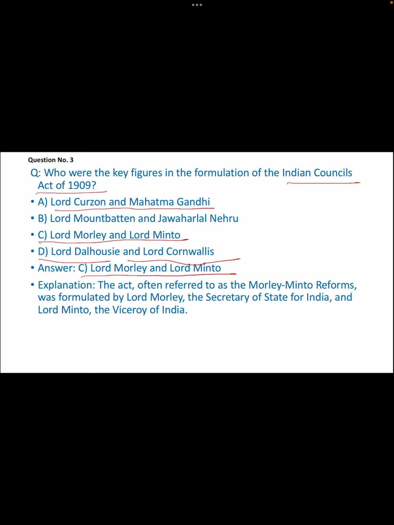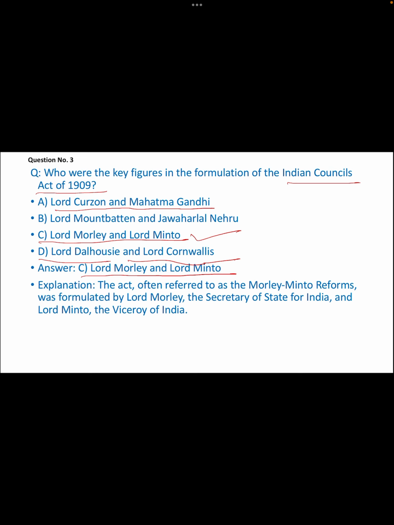Lord Morley and Lord Minto. So here are some of the important names of different persons. Let's talk a bit about these persons. First of all, Lord Curzon.